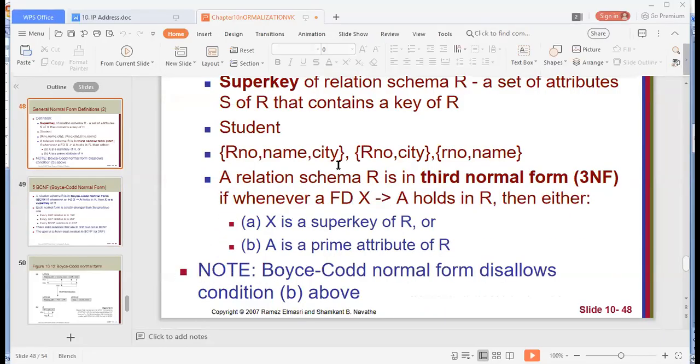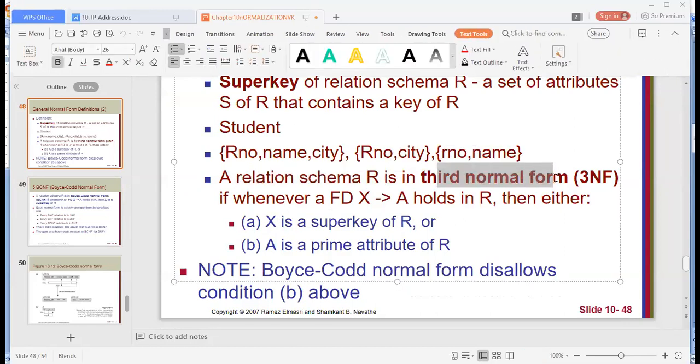So here, third normal form talks about two rules. A relation schema R is in third normal form if whenever a functional dependency exists, for example X determines A, that means A is functionally dependent on X, then the third normal form allows two things.